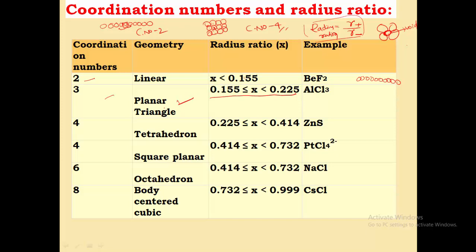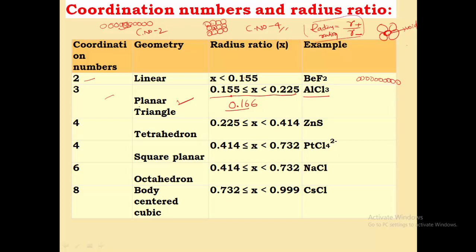Without any doubt, you can directly say the geometry of the given crystal is planar triangle. If the radius ratio of a crystal is given as 0.166, then what is the geometry? Planar triangle. What is the coordination number? 3, because it lies in this range. By using that you can directly say, and the example is AlCl3.